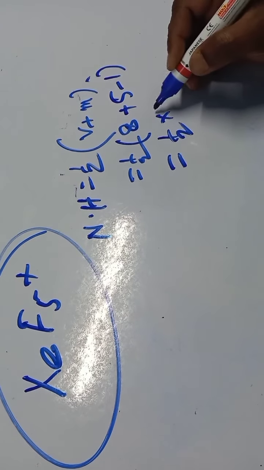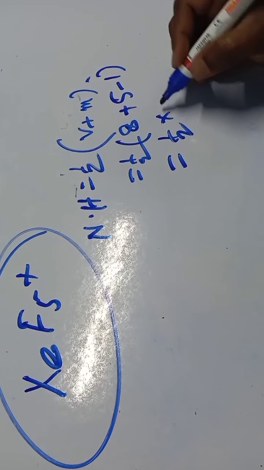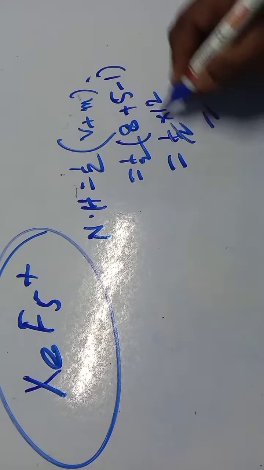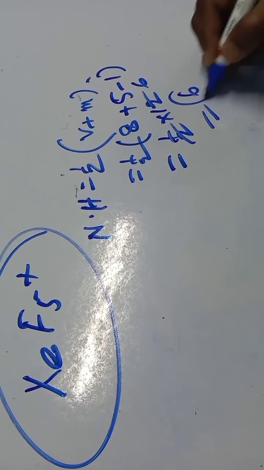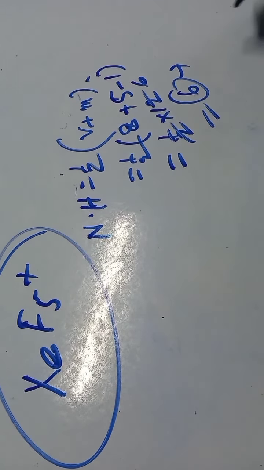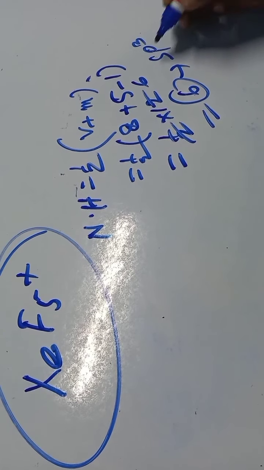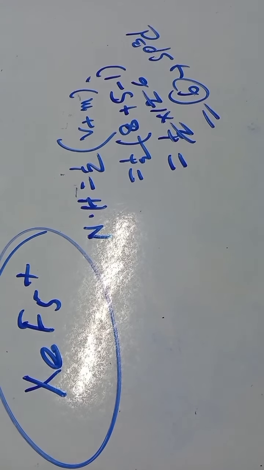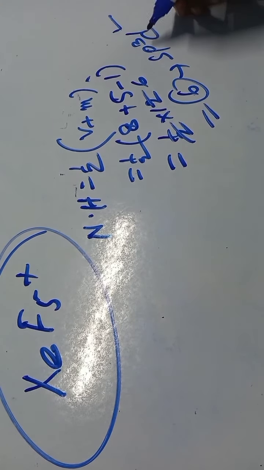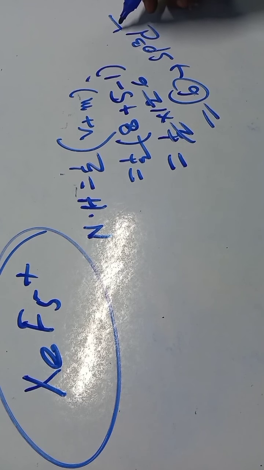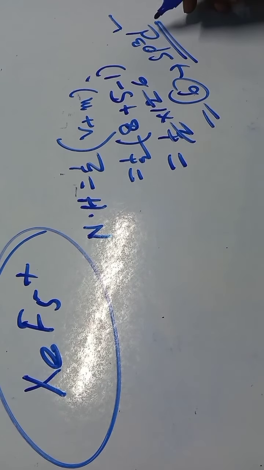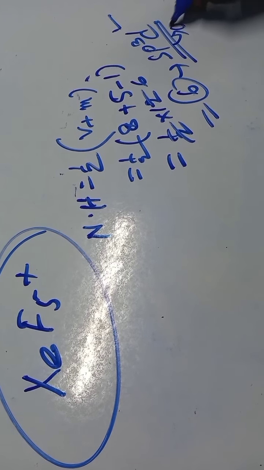So half into 16, equal to 6. That is sp3d2: 5, 3 plus 2 is 5, 5 plus 1 is 6.